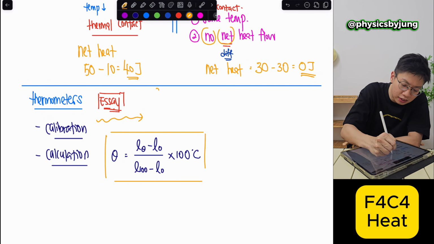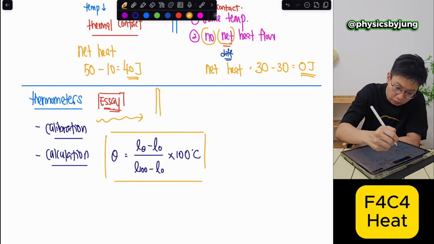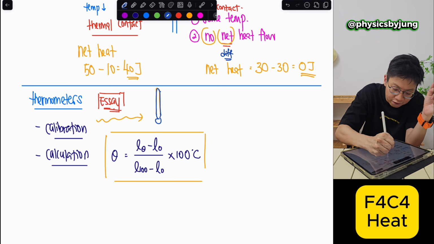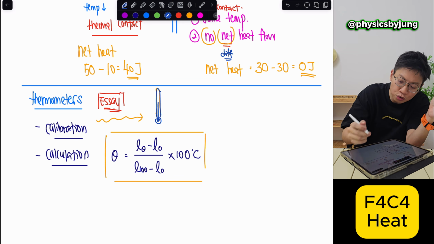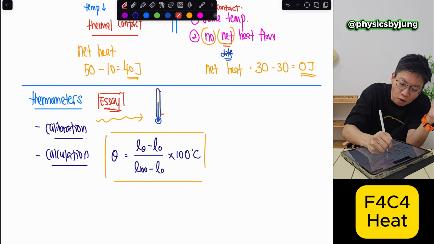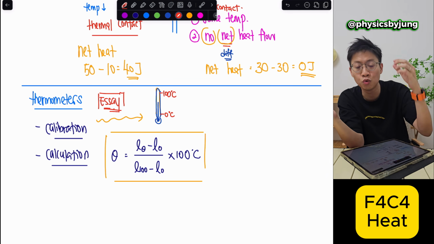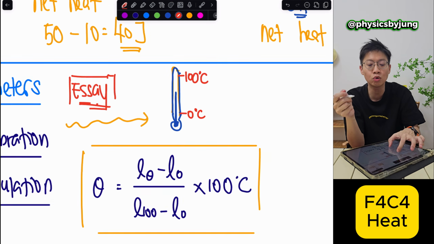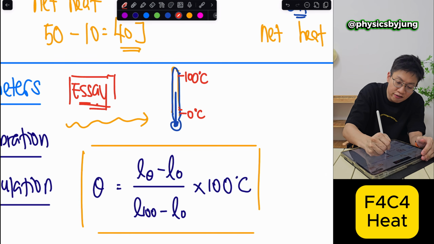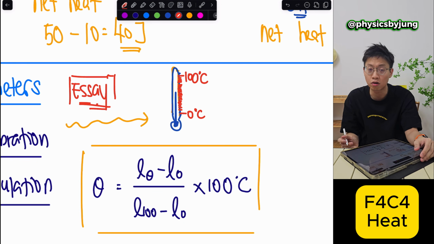What is calibration? Calibration is usually when you have a thermometer. Imagine that now your thermometer doesn't have a scale on it. So when you don't have a scale, you have to find out where is the 0 degrees Celsius, where is the 100 degrees Celsius. You want to find out these two so that after that, you can divide by 100 lines to find all the scale, correct?